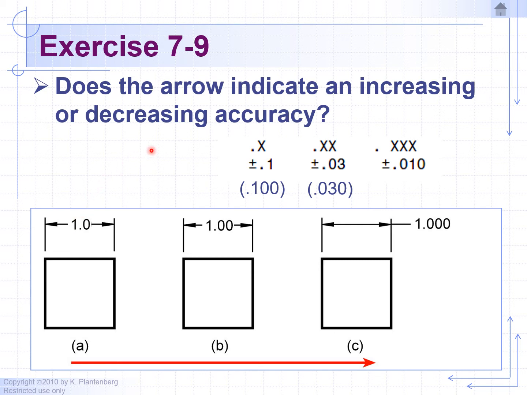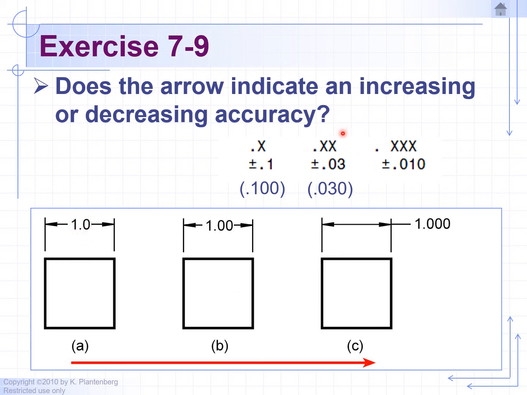So 1.0, you're telling the machinist, okay, 1 decimal place, I can be off by 0.1, which is 100 thou, 0.100. Okay, so 100 thousandths, that's the thickness of a compact disc, or I should say 2 compact discs. Compact disc for music has a thickness of 0.050. Okay, so you can be less accurate with this one.